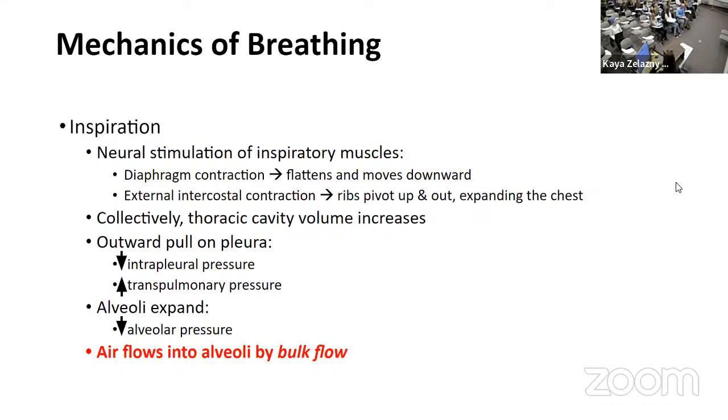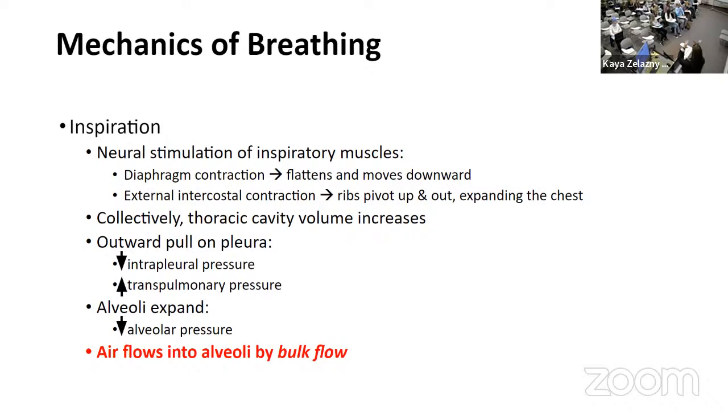We can think about this as a pathway as well. Breathing is controlled by centers in your brainstem. When you want to breathe in, you have nerves that go to those inspiratory muscles, so your brain's sending a signal to your diaphragm and your external intercostals.